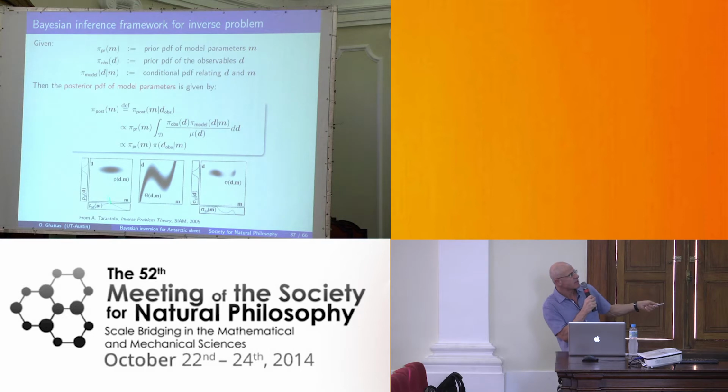So this cartoon here illustrates the components. Suppose I have a single model parameter and a single observable, surface velocity, and this basal sliding parameter. This probability density function represents the prior knowledge we have of this model parameter. If we don't have any knowledge, it might be just a uniform PDF.